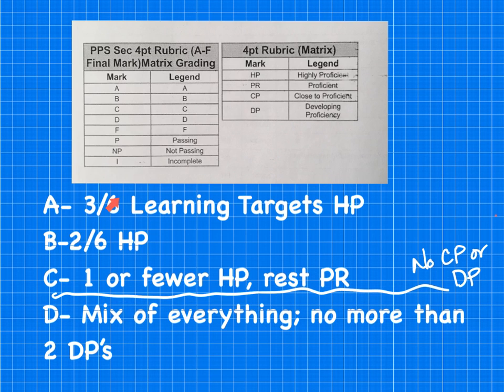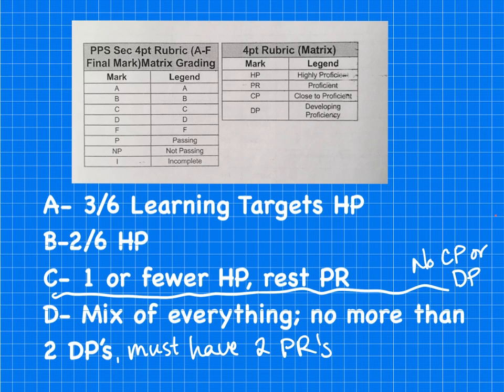Overall scores: to get an A, you need 3 out of 6 of your learning targets at highly proficient, 2 out of 6 highly proficient for a B. For anything with a C or above, you can't have any close to proficients or developing proficients on your learning targets.